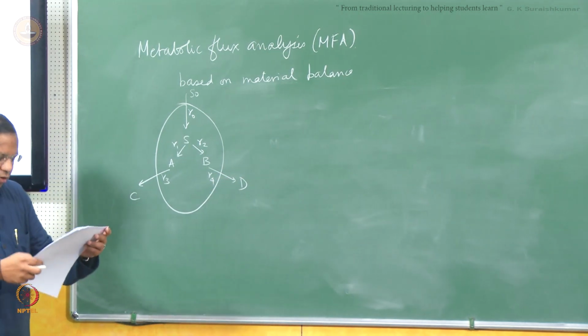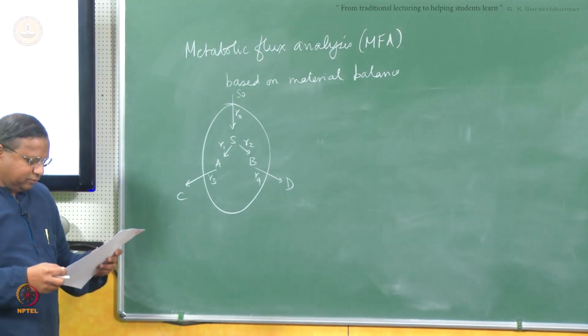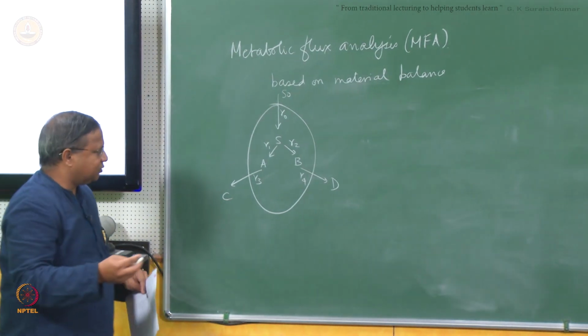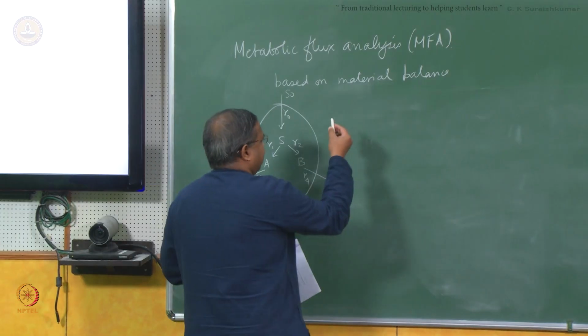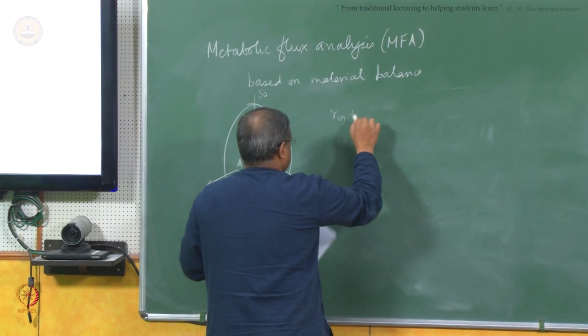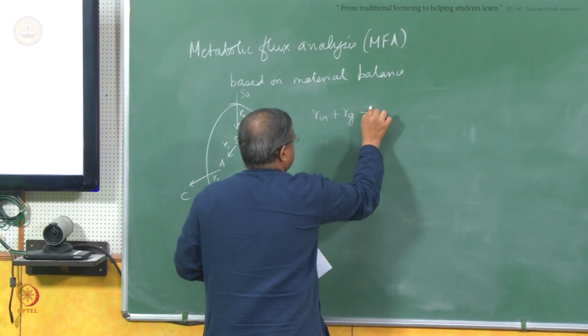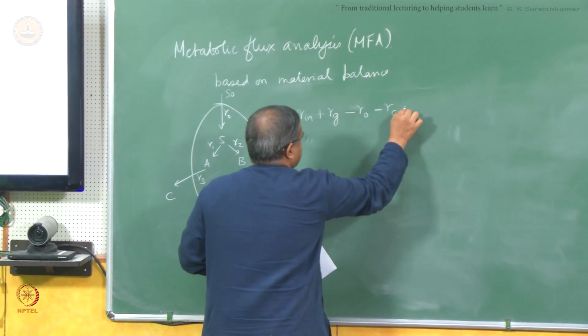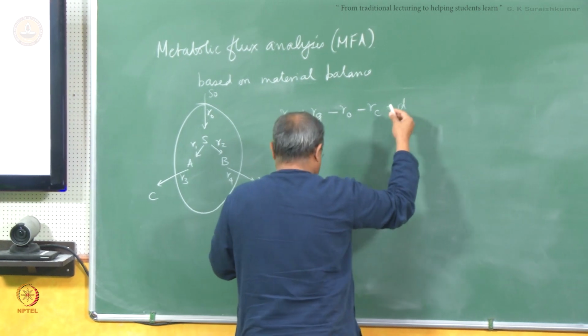Now, if you write a material balance on one of the species, the overall material balance, you know that the input rate plus the generation rate minus the output rate minus the consumption rate equals the accumulation rate.